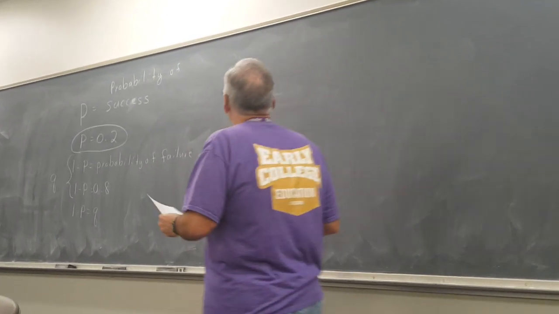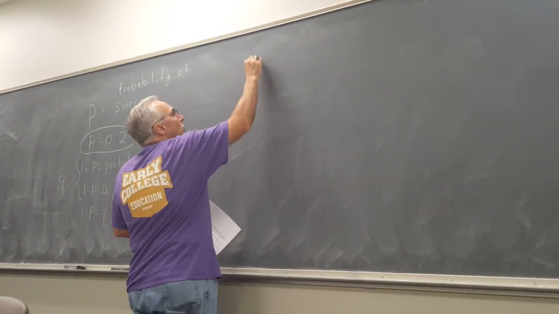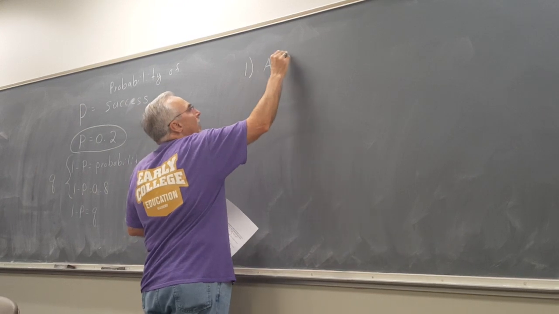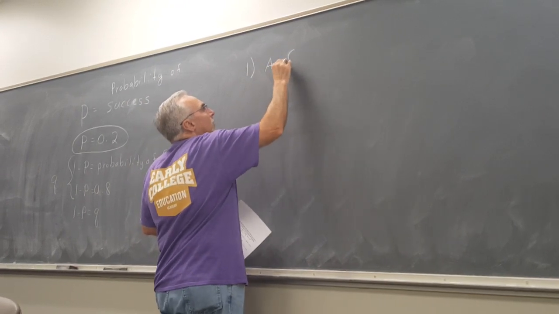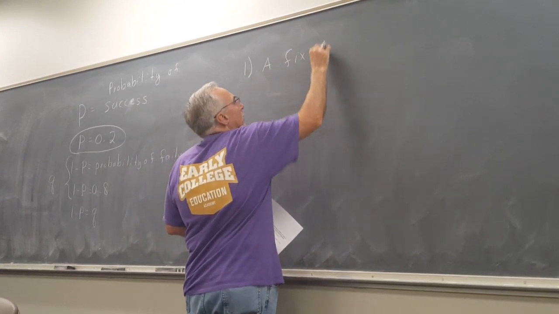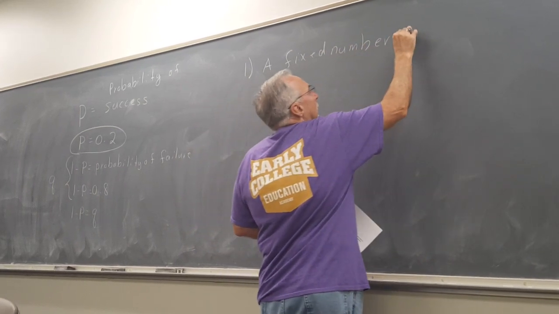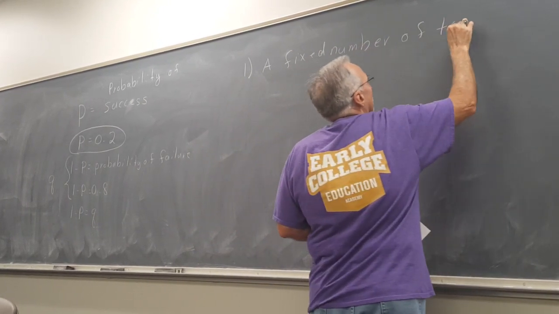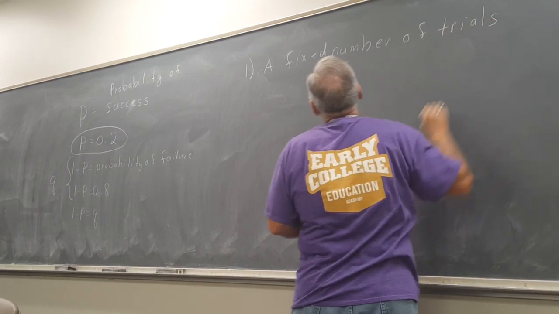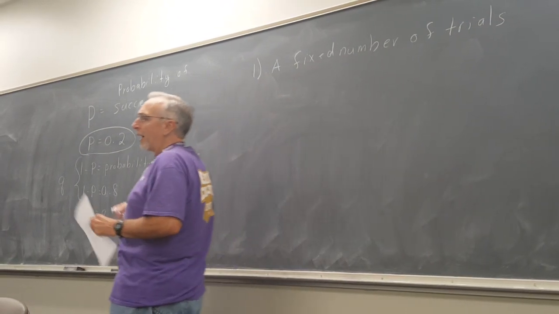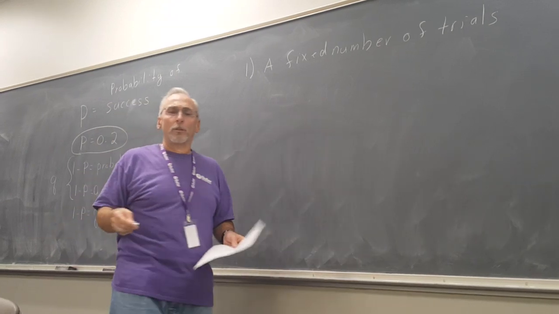So I'm going to list them even if I don't need to. But one, you have to have a fixed number of trials. And what that means is when you start out, you have to know how many of these you're going to do.